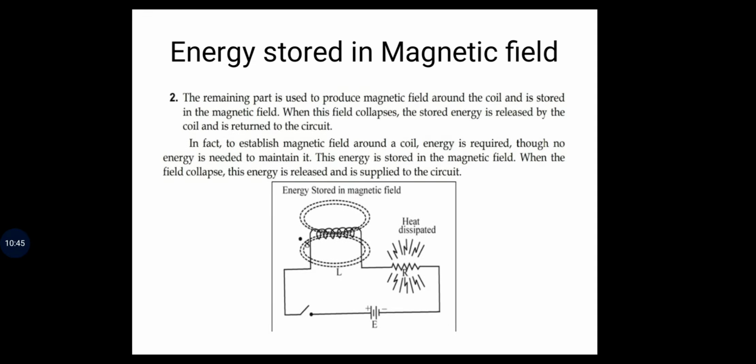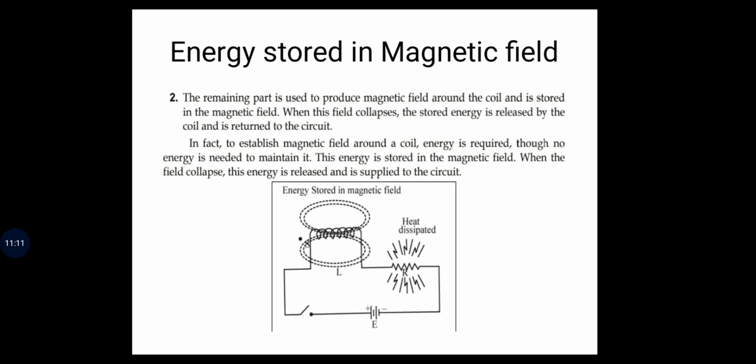The remaining part is used to produce magnetic flux around the coil and is stored in the magnetic field. When this field collapses, the stored energy is released by the coil and is returned to the circuit.